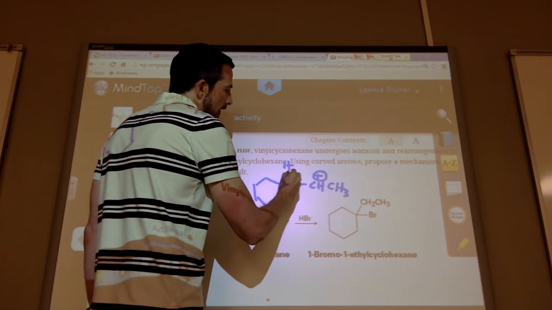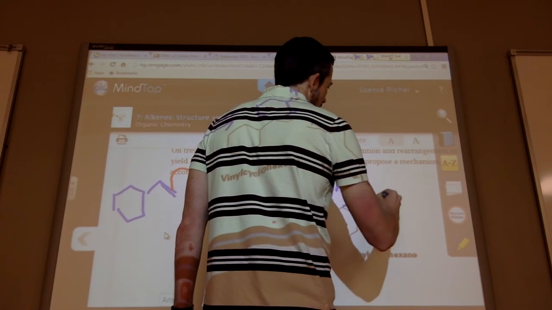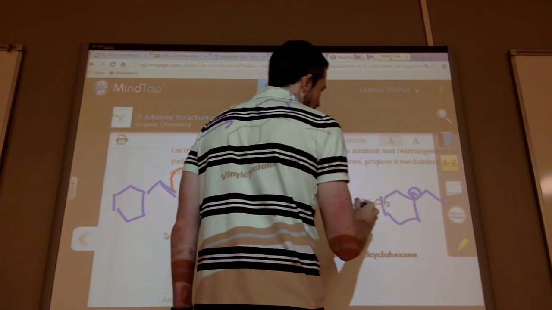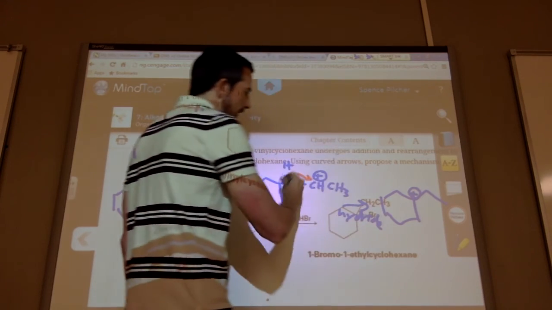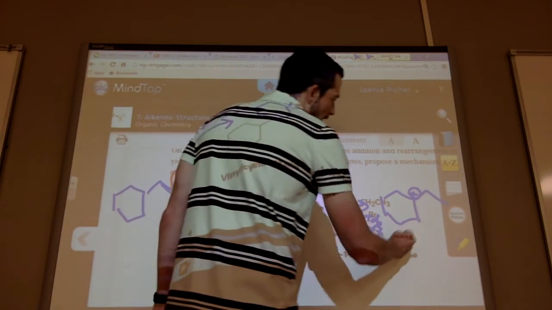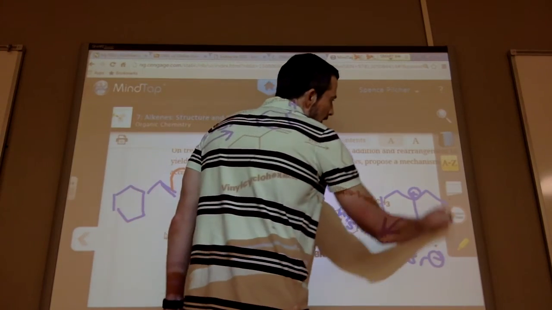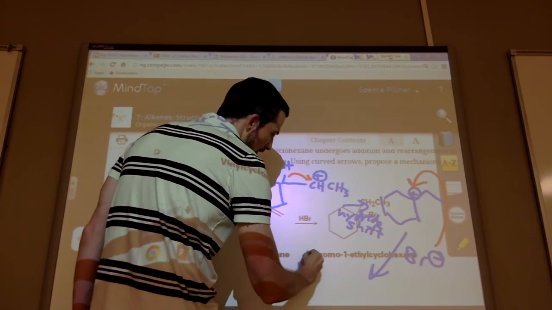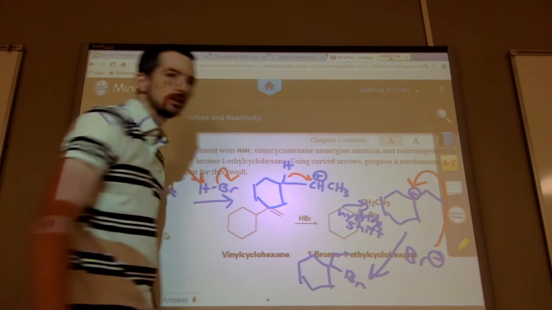So I'll see that hydride shift. A lot of times, instead of showing the mechanistic part of the hydride shift, you'll see just hydride shift written. So then my bromine can attach to my positive charge to account for the observed product.